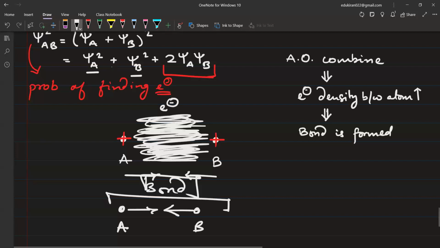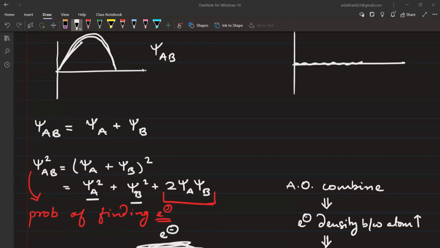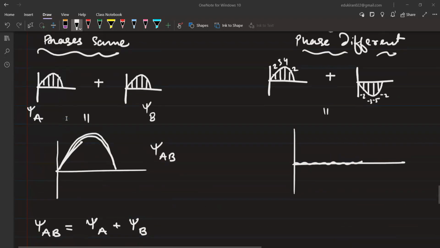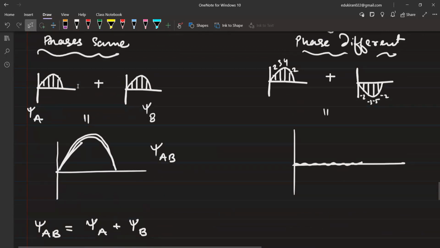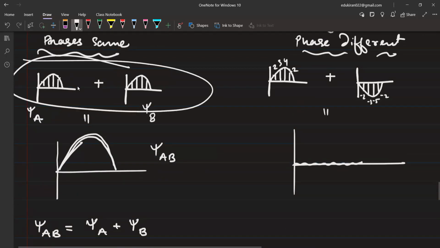Now one more thing: this is only the story when we have same phase. If the phases are different, then there is no electron density. When we have same phase, a bond is formed. That is why the combination of atomic orbitals gives rise to molecular orbitals.